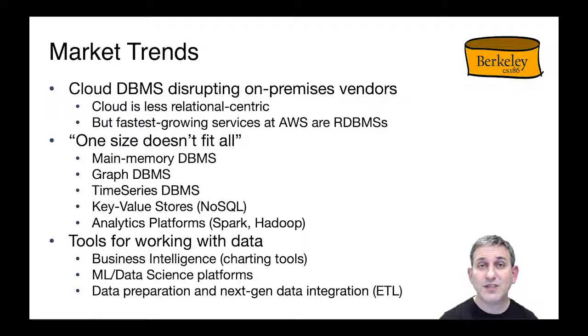Time series DBMSs are designed to handle time series data like from stock tickers or from sensors. And then we talked a bit already about key value stores, the NoSQL movement, and analytics platforms for batch analytics like Spark and Hadoop being new kinds of data management systems that are a little bit different than traditional relational systems. So we'll learn about some of these during the course of the semester.